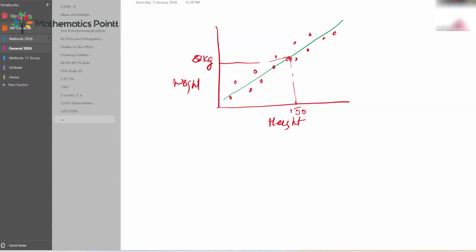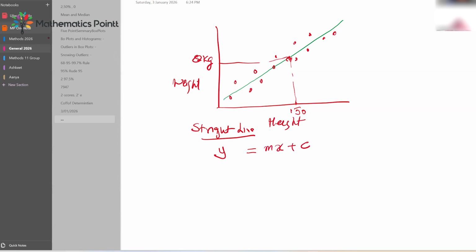The green line is a straight line. Yes, a linear straight line. For a linear straight line, how do we write it? We write it as y equals to mx plus c.